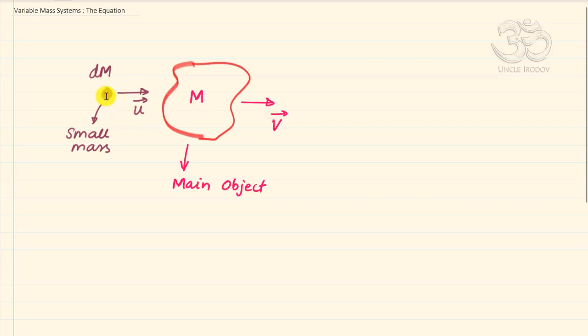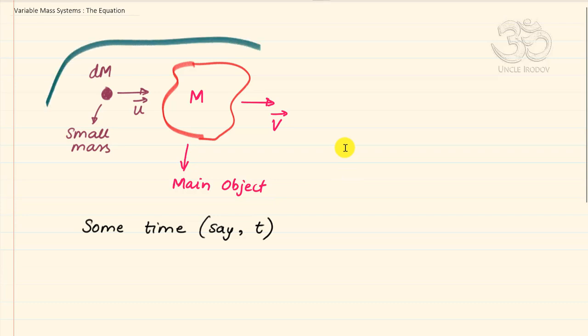So let's say that there is this small mass, there is this main object. Their masses are dm for the small mass and m for the main object, and their velocities are u and v, and all this is happening at some time t. This entire thing, the main object as well as the small mass, combined, is my system.